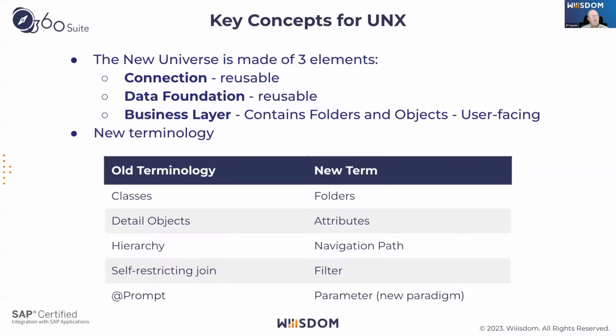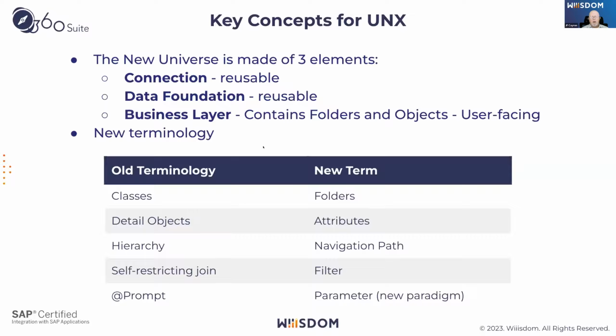That negates or reduces the need for linked universes, in the sense that you can have a data foundation that covers a lot of ground and then specialized business layers for different use cases.